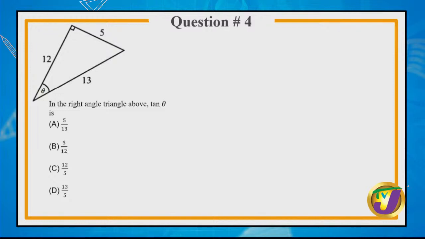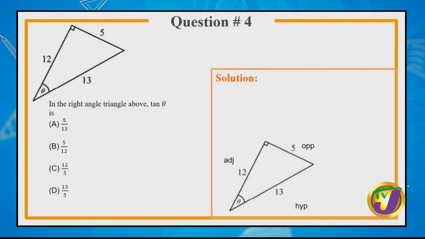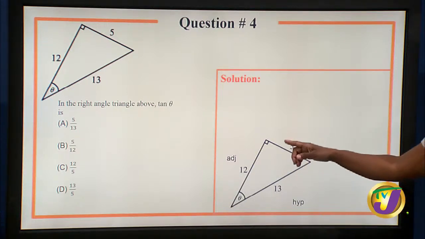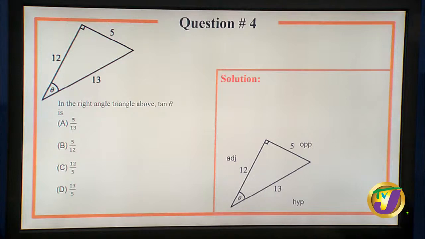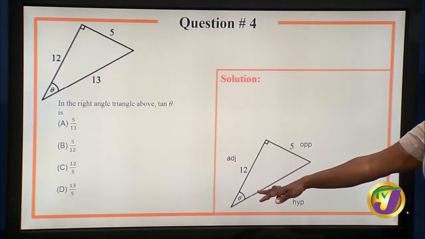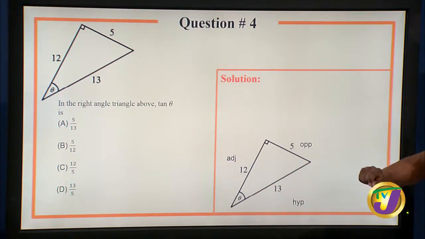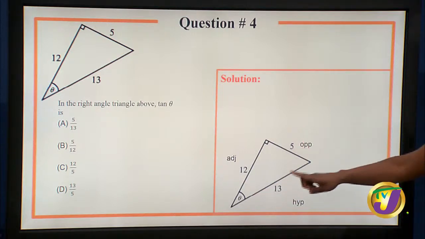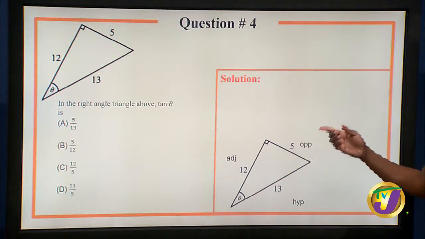So we need to examine the triangle. We have the angle of focus. That's the angle of focus. We also have to identify the type of triangle that is there, and it's indicated by the square corner that is there. So we have tan theta, and because this is the angle of focus, we can identify the opposite side.